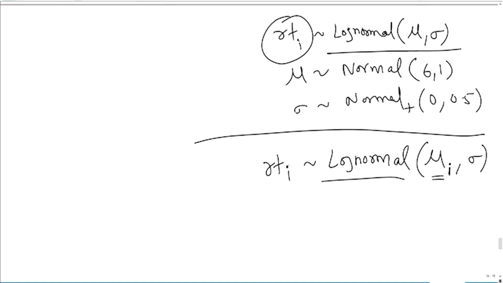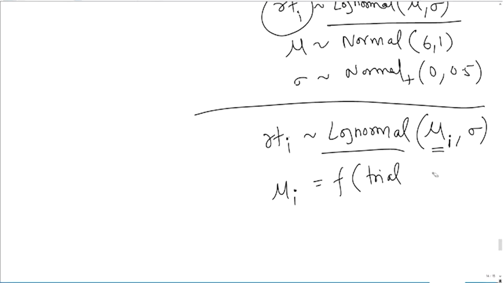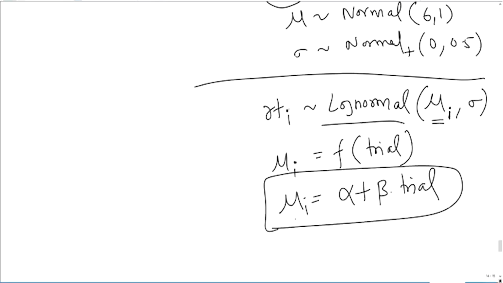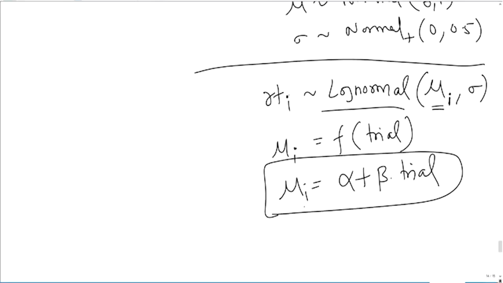So we assume that RT_i comes from log normal mu_i, sigma, where mu_i is a function of trial, and trial can have values 1, 2, 3, 4, 5 up to 500. Let's say mu_i is a linear function of trial. You can set up a linear function like this: alpha plus beta into trial. This is the equation of a straight line.